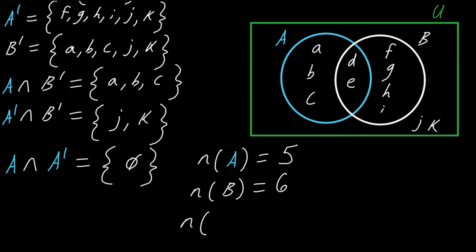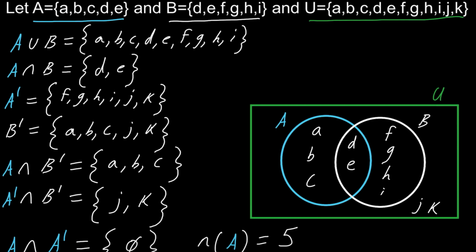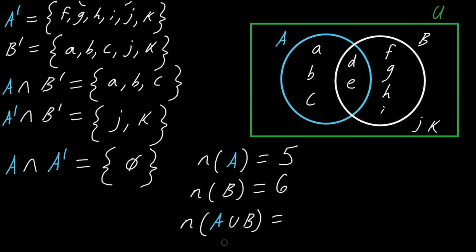Now I can start asking some other questions. What's the number of A union B? And we've already established A union B over here, and we could literally just count out all of these things, but let's go ahead and use the Venn diagram. How many elements are in A? Well, we have 1, 2, 3, 4, 5. In B, we have these that intersect, so we don't want to double count these.